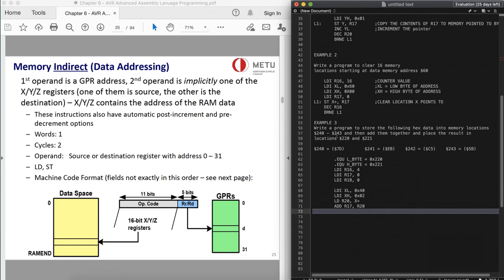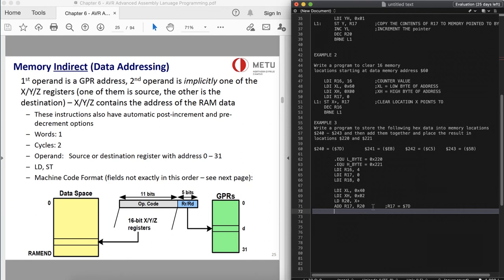So the first value is 7D. Now in this case, R17 is going to be equivalent to 7D. Okay, so we got the first value and we add it into R17.